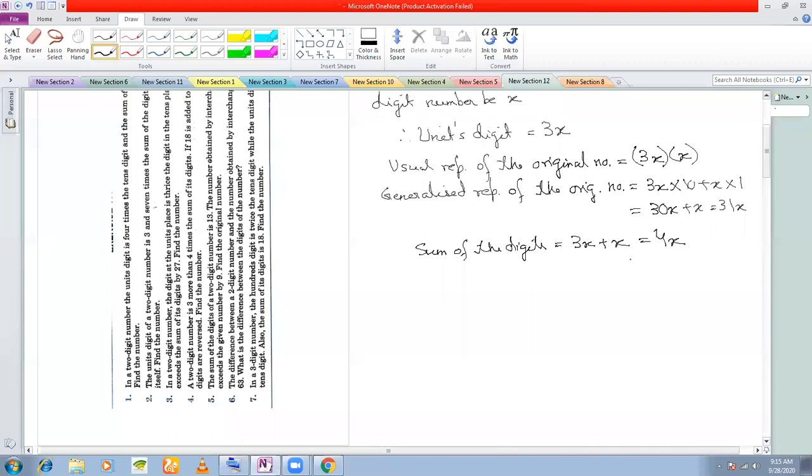It is given that the number exceeds the sum of its digits. That means this number 31x is more than 4x by how much? 27. So according to the problem, 31x minus 4x must be equal to 27. You solve and you will get the answer. You will get x is equal to 1 in this case. Okay, clear?